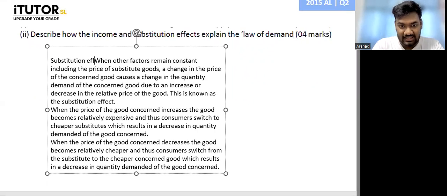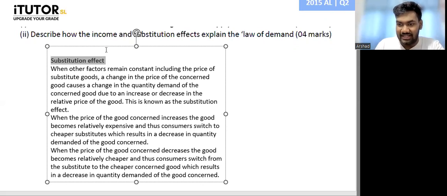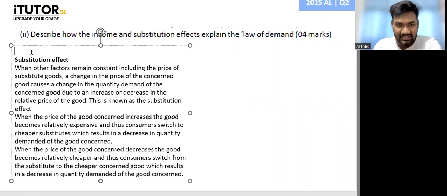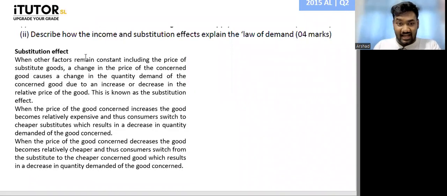Substitution effect. Okay. So listen very carefully, guys. How does this work? Now I am copying and pasting a note here, guys. Can you please tell which questions? That I'll show you when we come to a recent paper. Okay. Right.